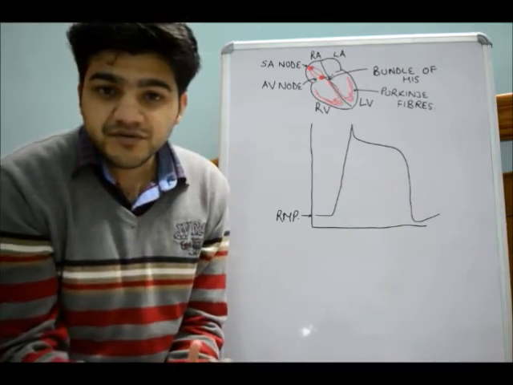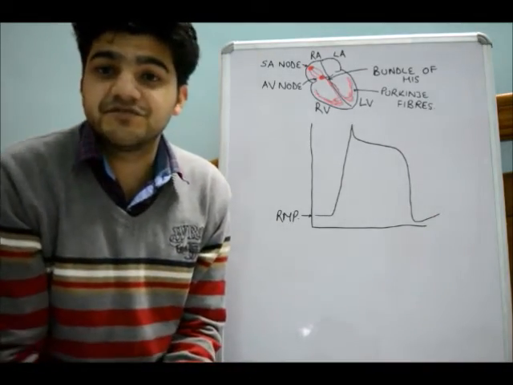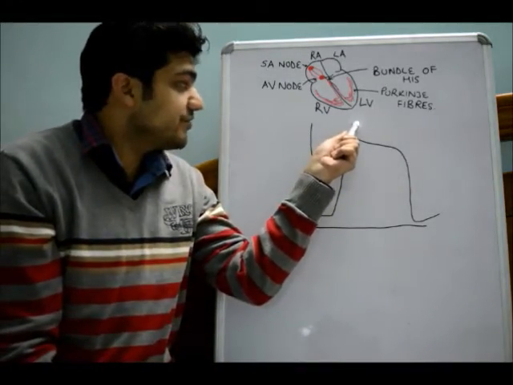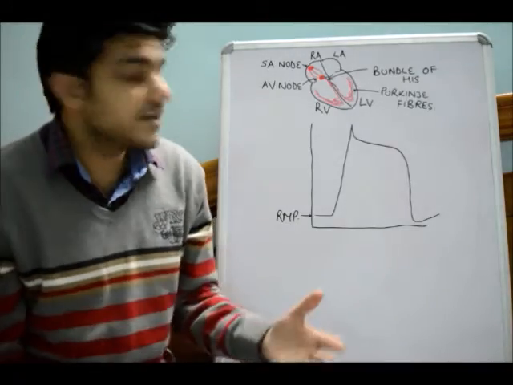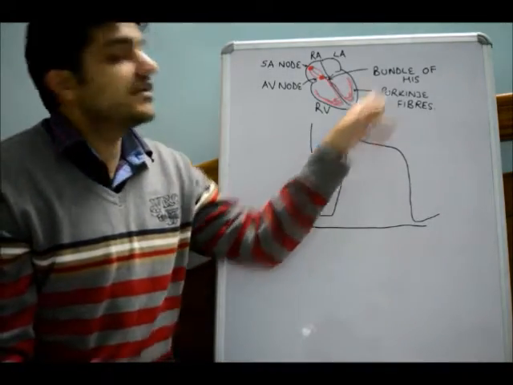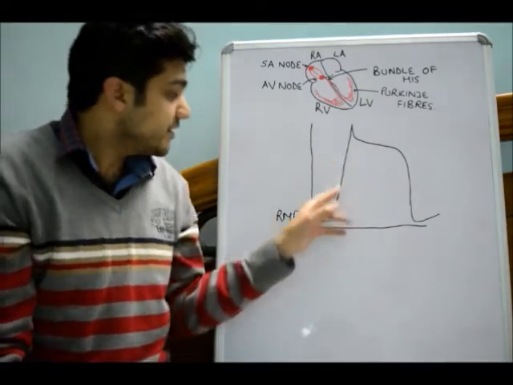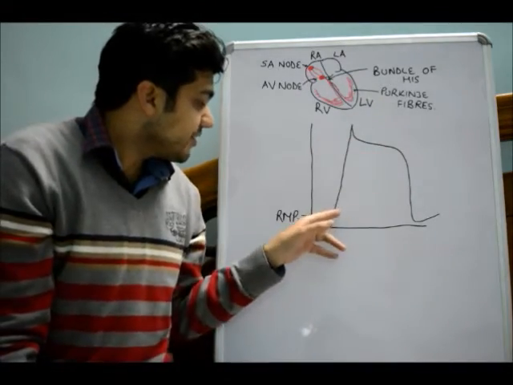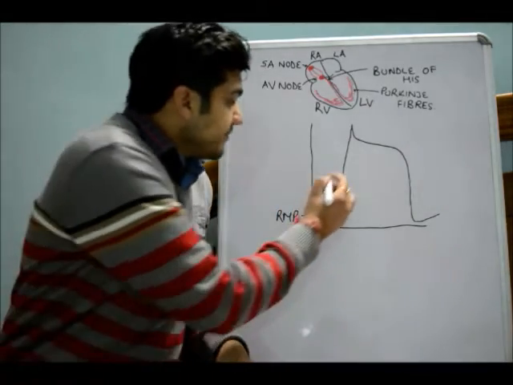They open very fast, and then they go into a phase of inactivation very fast. So at this point of time, most of the sodium channels go into inactivation. When they are inactivated, what happens? The further upgoing of this curve stops.